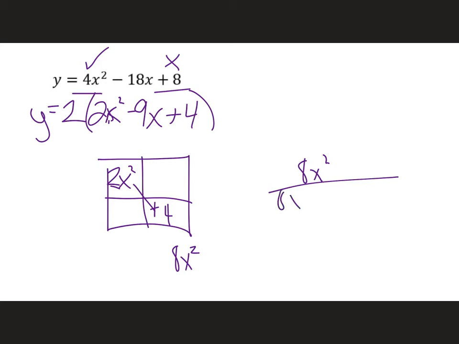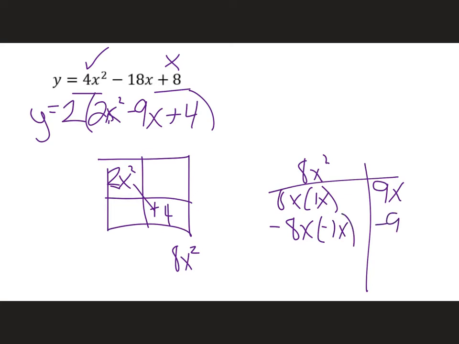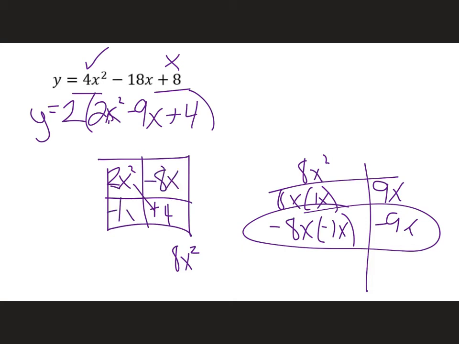If I do 8x times 1x, that would give me positive 9x when I combine those like terms. But I need a negative 9x. So if I did negative 8x and negative 1x, that would give me negative 9x. So that would be the terms I need to break negative 9x into. So I'm going to do negative 8x and negative 1x.